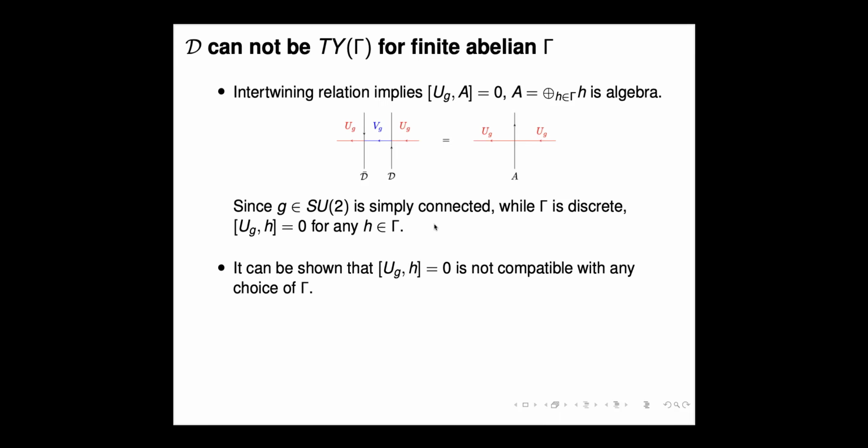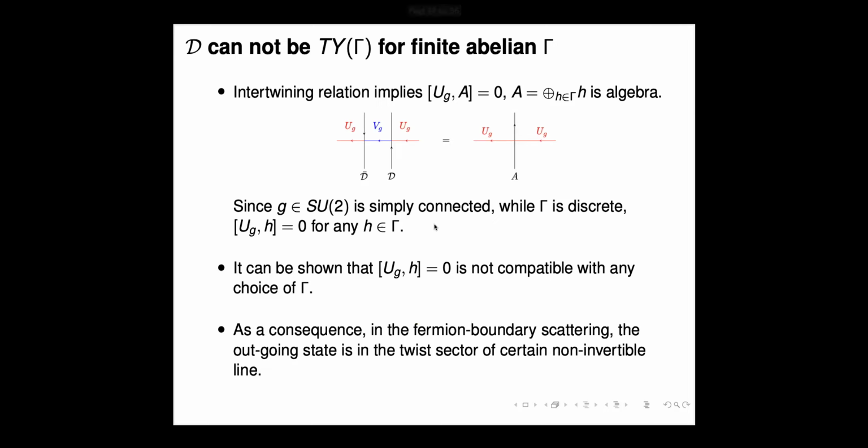And this stronger condition can be shown to be incompatible with any choice of gamma. I have 2 slides of proof, but maybe I'll skip it.